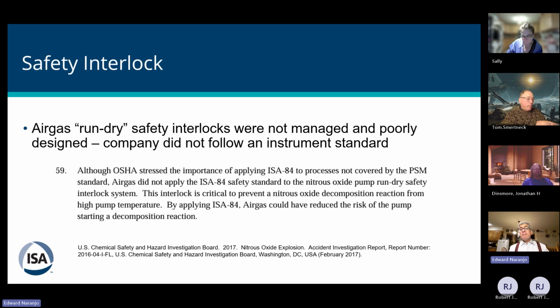Now, because these types of incidents have been so common, the ISA 84 working group thought that it needed to articulate much more what should be the behavior of these end users, how they should apply ISA 84.